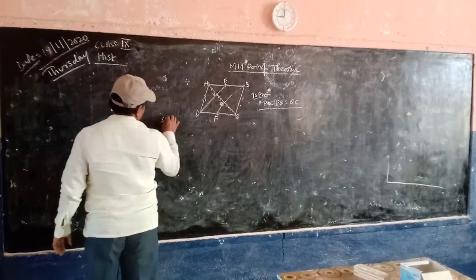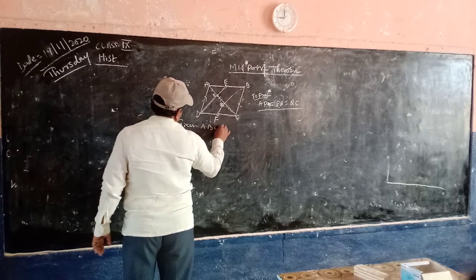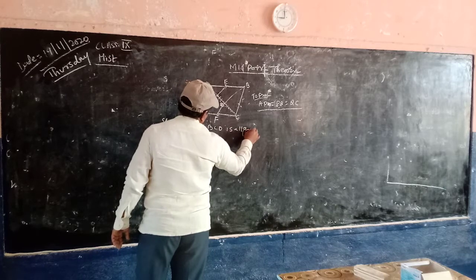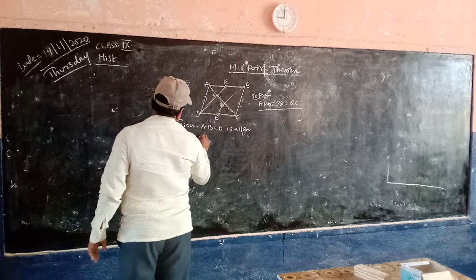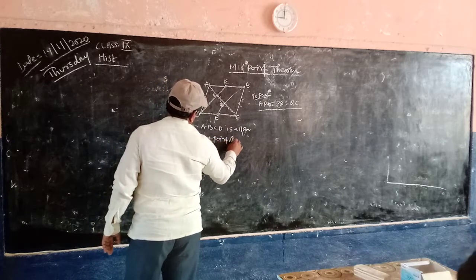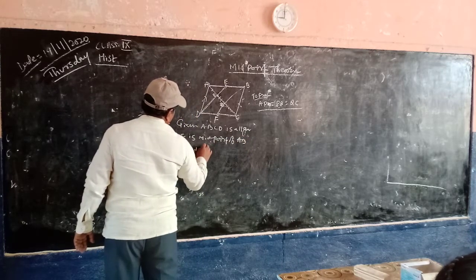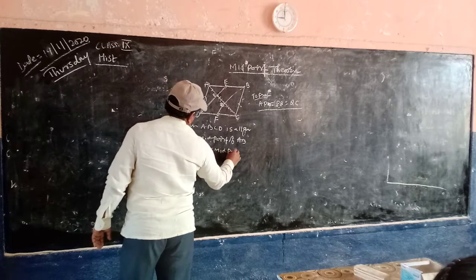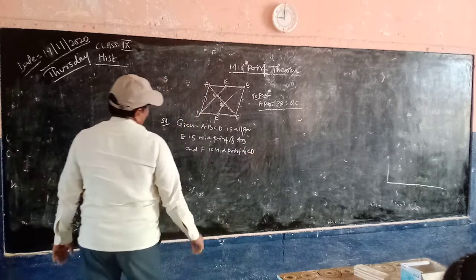And the solution. Given: ABCD is a parallelogram. E is the midpoint of AB and F is the midpoint of CD.